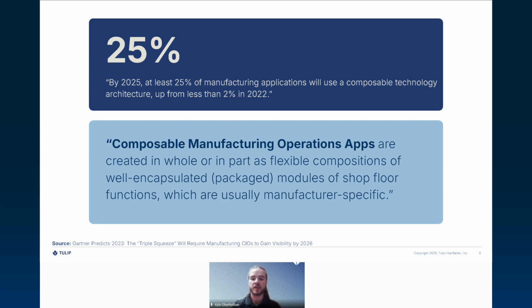Gartner says that by 2025, at least 25% of manufacturing applications are going to be using this composable technology architecture, meaning an architecture built up of multiple small apps or multiple small pieces. Now, this is a change, right? This is improving because of this speed to deployment and speed of iteration that we're seeing throughout the tools that we're using.